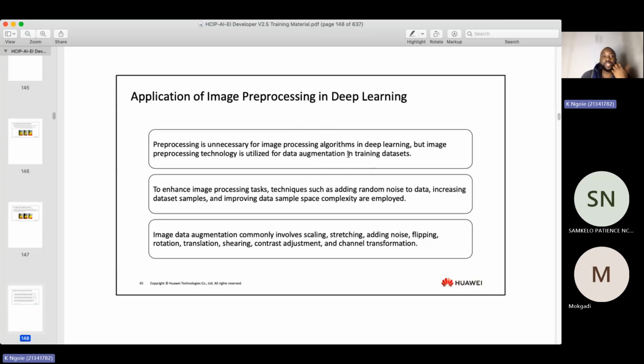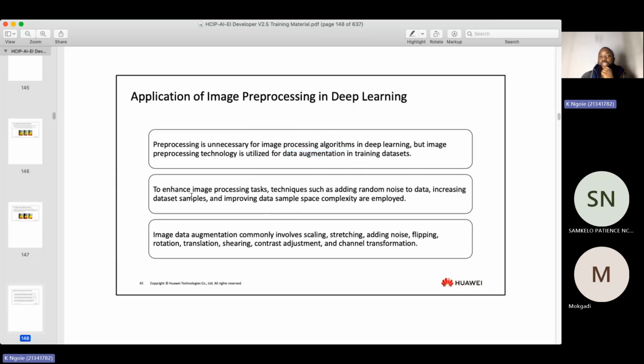You don't have to pre-process the data every time you want to train a model. It's only when we have an issue, usually an overfitting problem, that we need to do data augmentation. That's where we do pre-processing and transform this data.